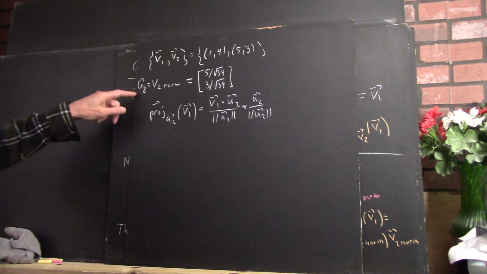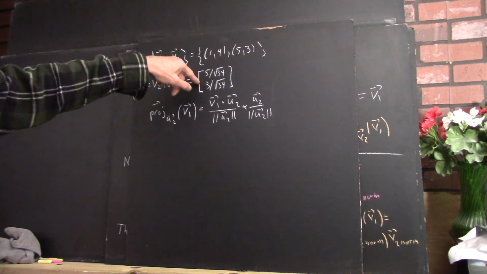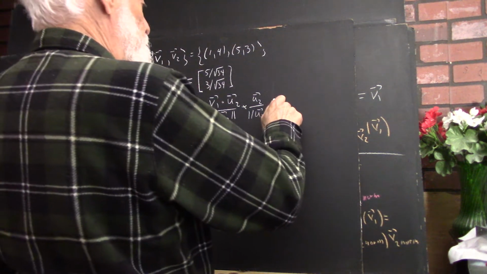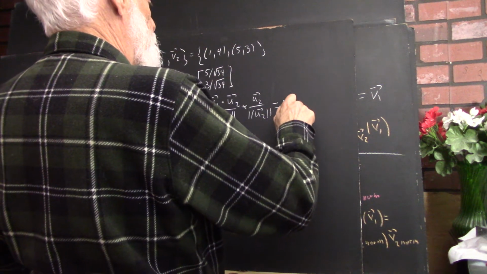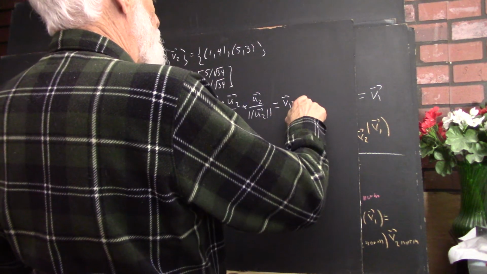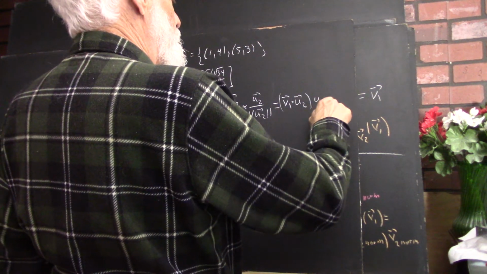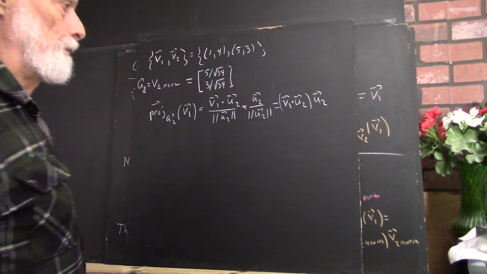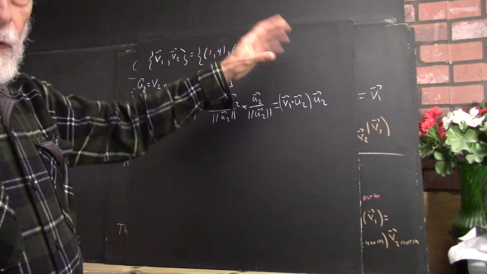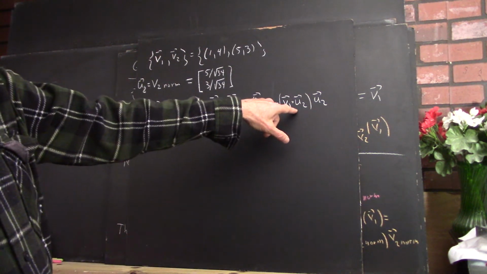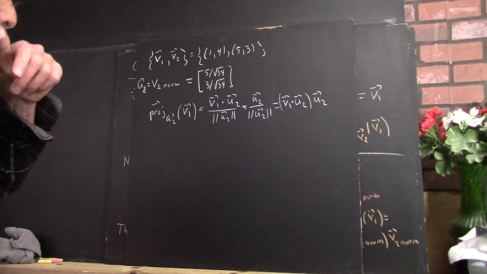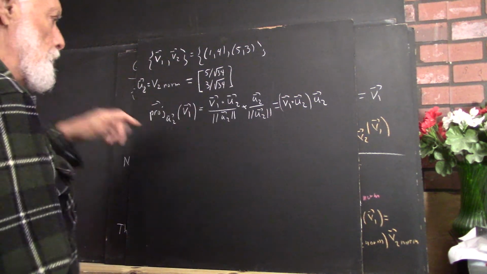But remember, U2 is normalized, so its magnitude is 1. So that's just V1 dot U2 multiplied by U2. Projecting V1 onto U2 is particularly simple if U2 is already a unit vector. Okay, there's a projection.